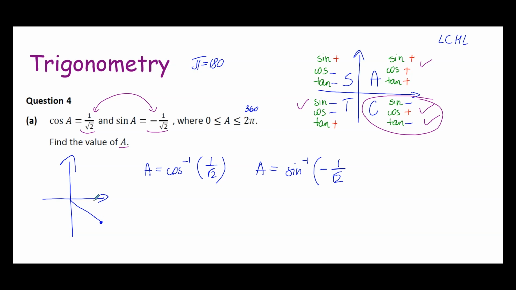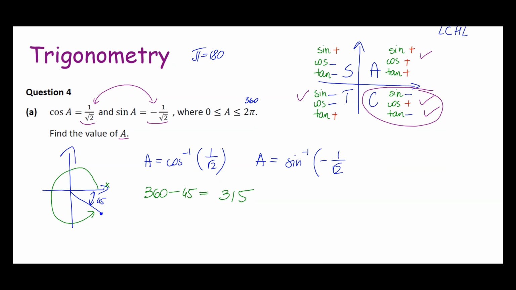So that's the angle of 45. However, how do we measure the angle? We always take it from the positive side of the x-axis, so this way. That means from the whole circle of 360, we take away the angle of 45 and we get our angle 315. So that's the first part.